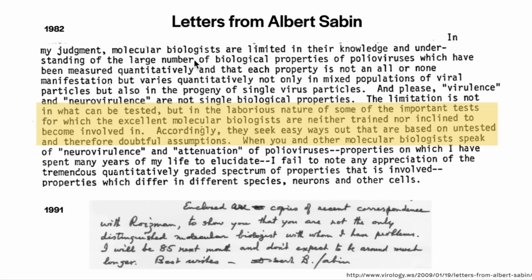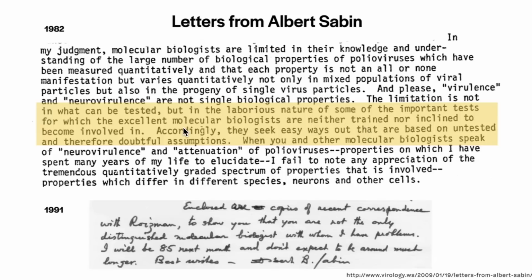In my judgment, molecular biologists are limited in their knowledge and understanding of the large number of biological properties of polioviruses which have been measured quantitatively. Each property is not an all or none manifestation, but varies not only in mixed populations, but also in the progeny of single virus particles. He already knew what a quasi-species was before it was discovered. And please, virulence and neurovirulence are not single biological properties.